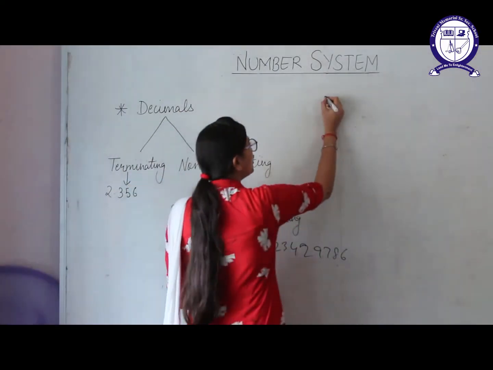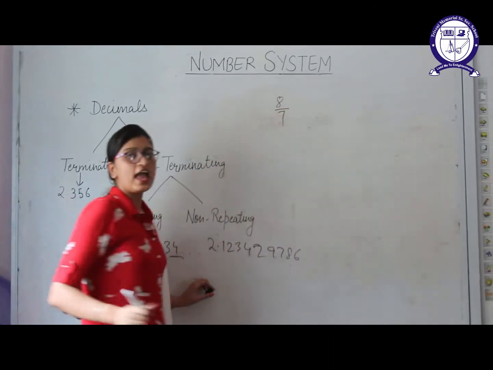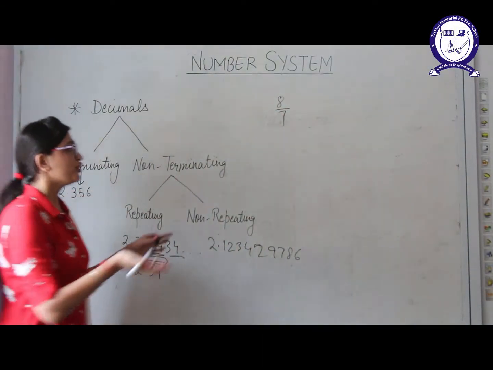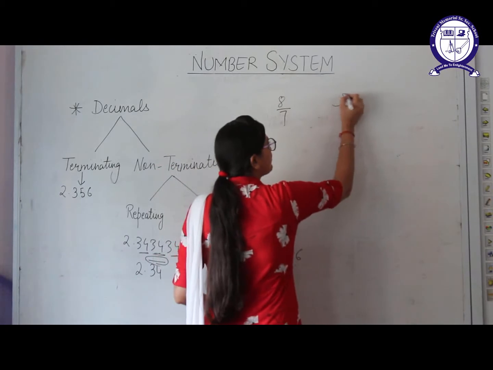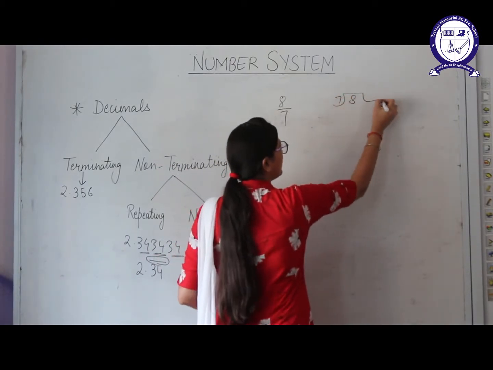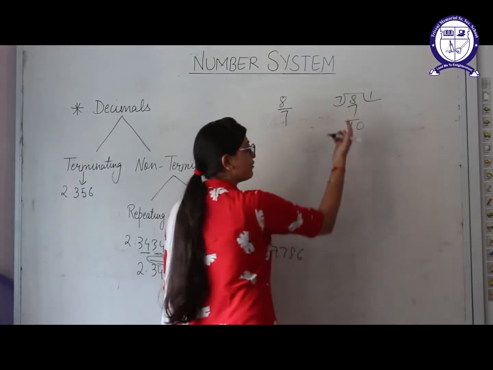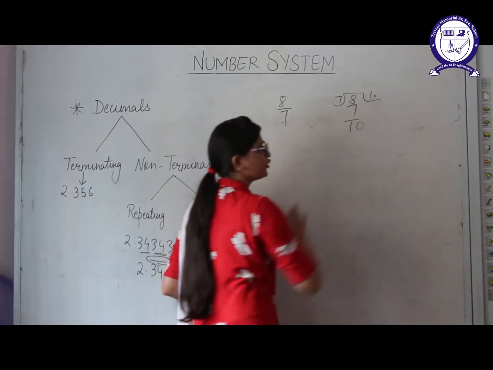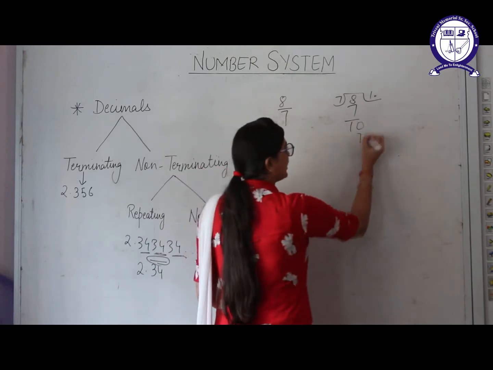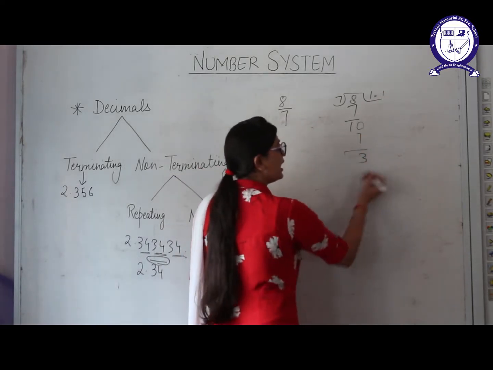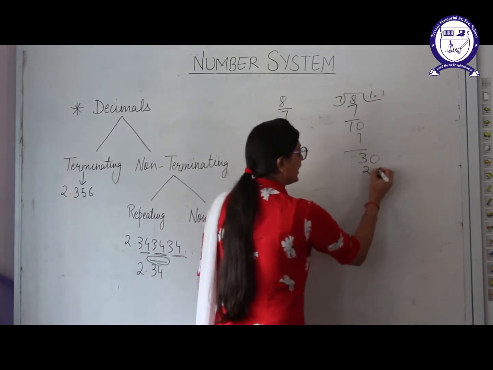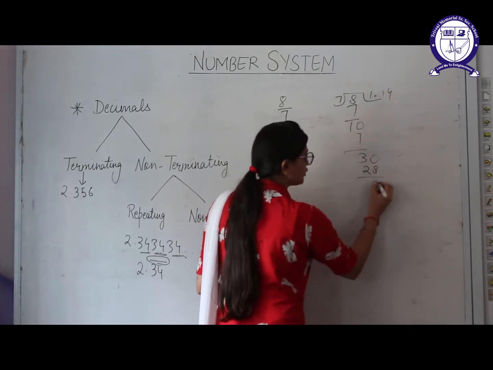An easy one. You need to write 8/7 as a decimal expansion. So basically what we are going to do is divide 8 by 7. It will be 7, 1. We will take a 0, and whenever we take a 0, we add a point. Then again 7 and 1, it will be 3. Adding 0, 28, 7 times 4, it will be 2.